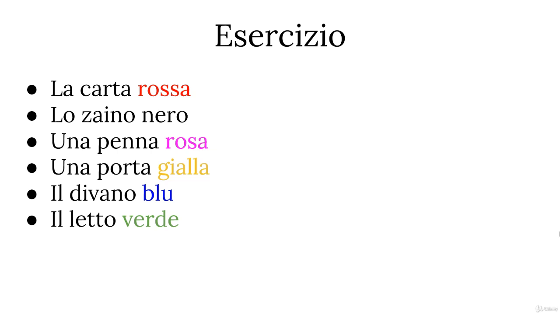Una porta gialla. Gialla because porta, the door, is a feminine word. Il divano blu. Blue never changes. Il letto verde. And verde never changes as well. How did you do it? Did you make any mistakes? If yes, try this exercise one more time.